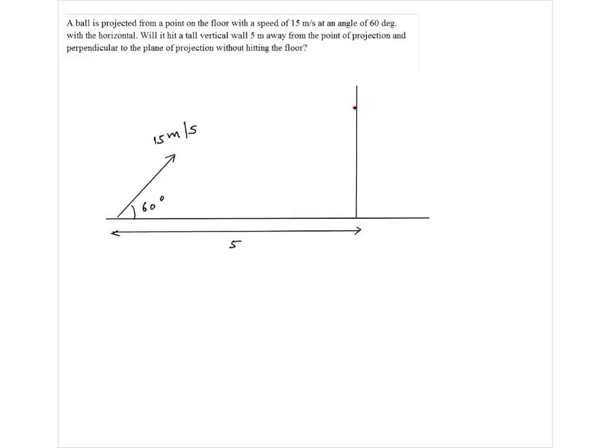So the only problem is that if it falls before that, that is the only case when it will not hit it directly. But if its range is more than 5 or equal to 5, then because the wall is tall, it is going to hit it. Right? So just use the formula for the range and find out the range. See if it is more than 5, equal to 5, or less than 5.